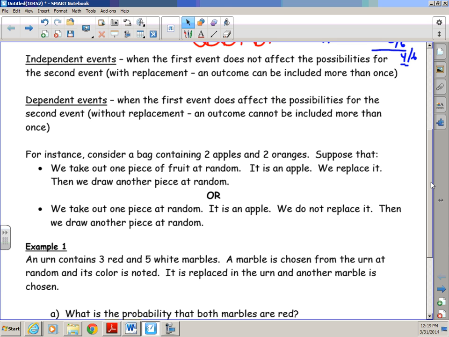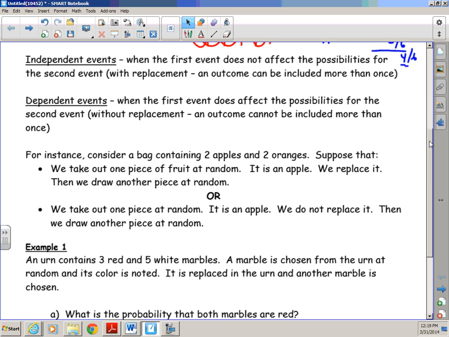A dependent event is when the first one impacts the other. So now going back to our example, I draw the marble or draw the card and I don't put it back in. Now we know that it has an impact on that event. Okay? All right. And then you can read here our example with drawing the fruit.